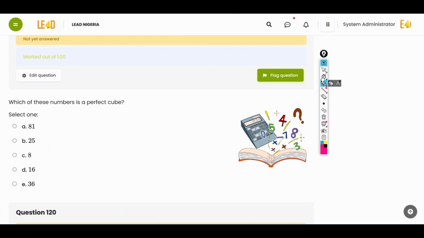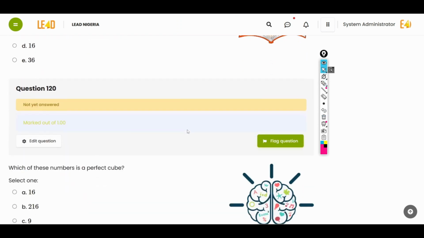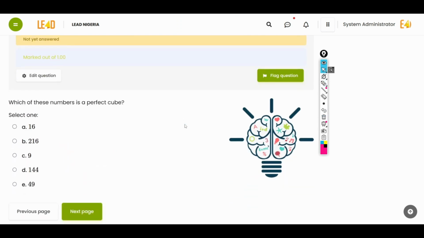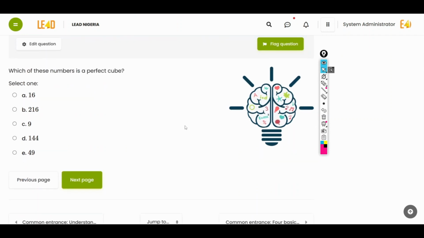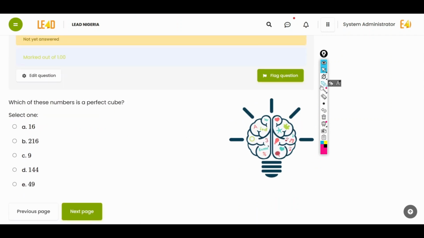All right, question 120. Which of these numbers is a perfect cube? Okay, so the correct option here is 216, right? Because 6 times 6 times 6 gives you 216. But you might not have known that, maybe you're not that familiar with numbers yet, and it's very understandable.